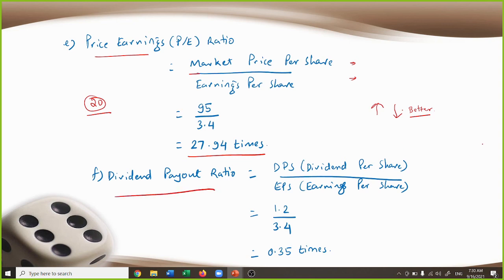So let's move to the dividend payout ratio. Dividend payout ratio is dividend per share divided by earnings per share. We also call it DPS by EPS, dividend per share by earnings per share.